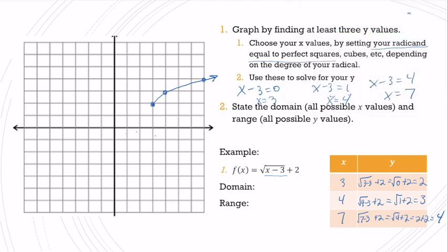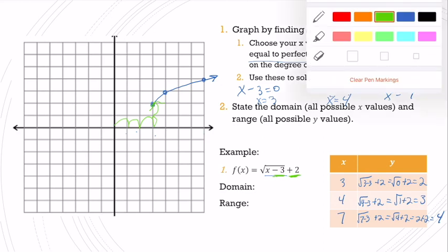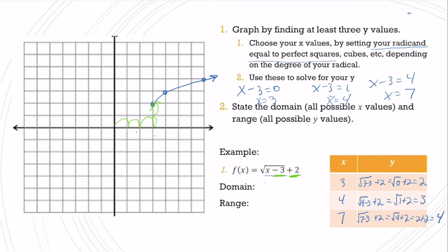So as we can see, my x was shifted 3 to the right, and my y was shifted up 2. It moved where our graph starts. My new domain is when x is 3 all the way to infinity, and my new range is when y is 2 all the way to infinity.